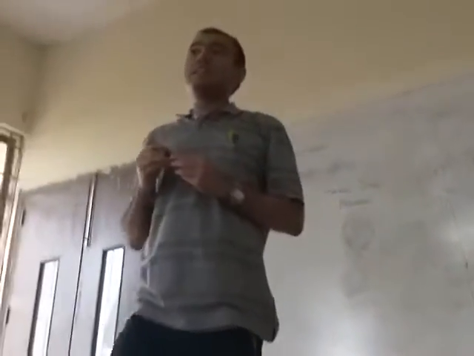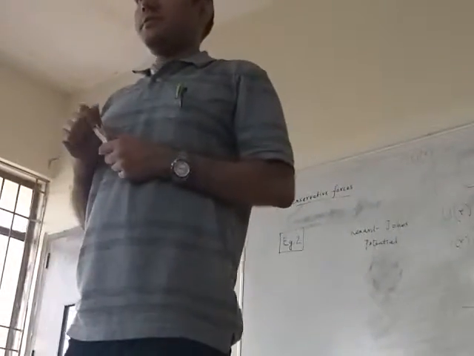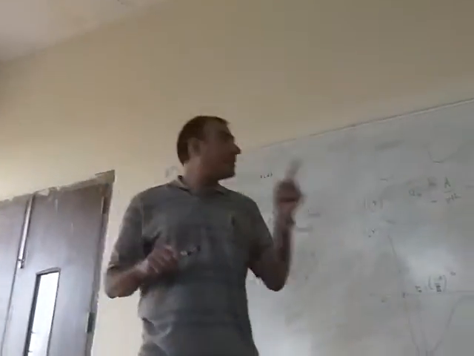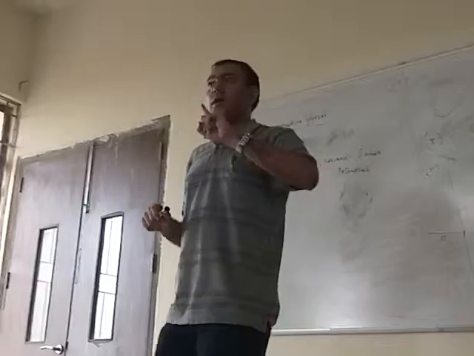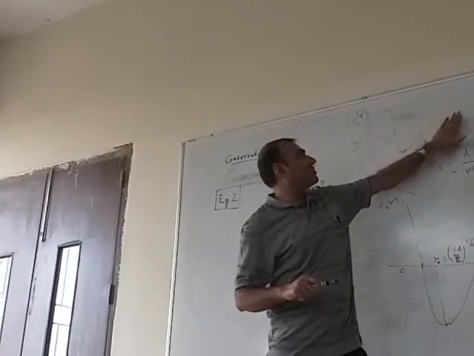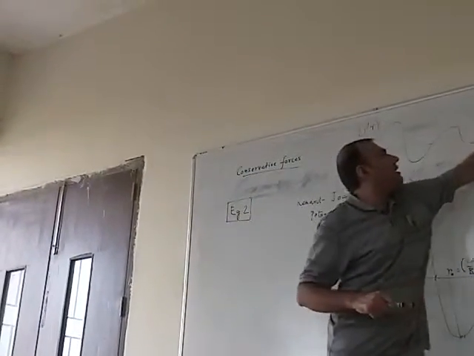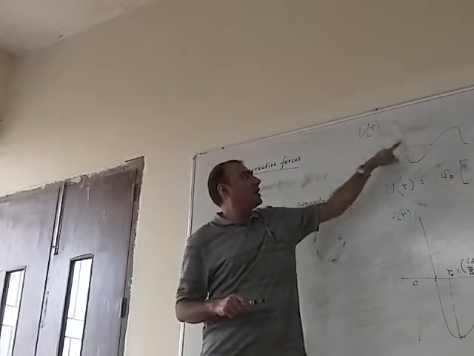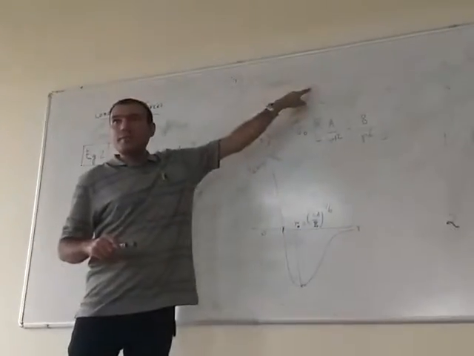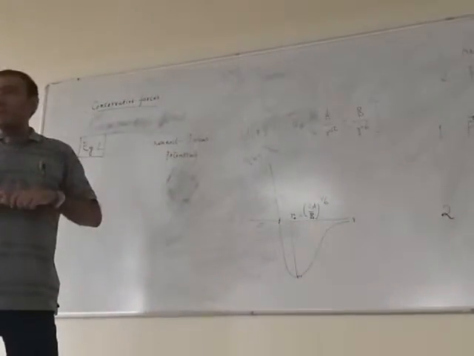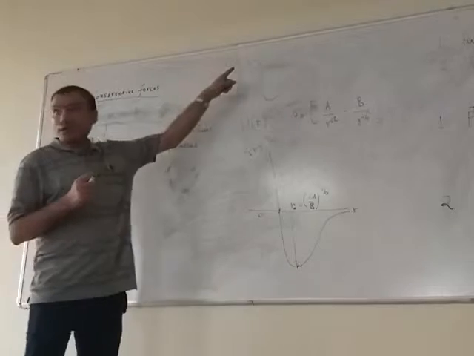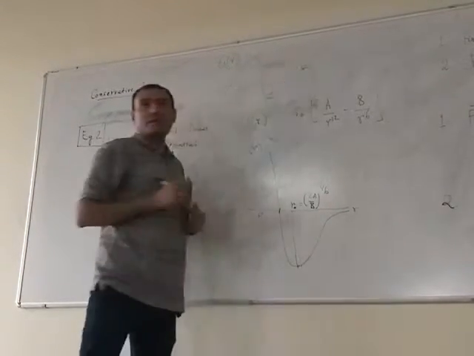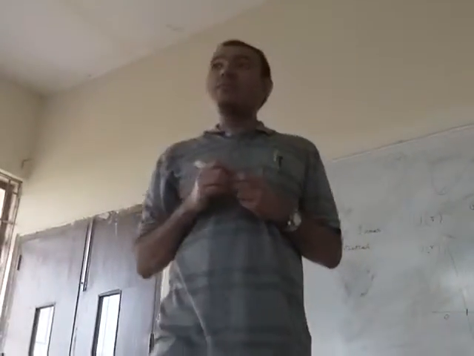So which one would be the stable one? For the stable one, it should at least be a minimum. Forget about the other maxima and minima. Let's say the potential is something like this. It has a maximum, it comes down and goes up again. If you do this kind of calculation for this kind of profile, it would be 0 here, 0 here, and 0 here. Which one would be the stable equilibrium?